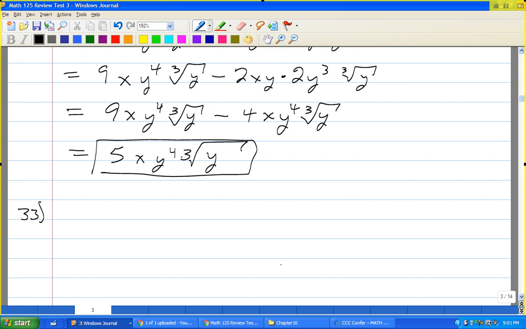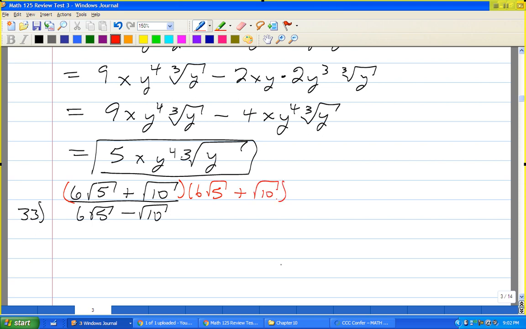So I have here 6 rad 5 plus rad 10 over 6 rad 5 minus rad 10. I want to rationalize the denominator, so let me multiply and divide by the conjugate of the denominator, 6 rad 5 plus rad 10. And let me divide by that same quantity.